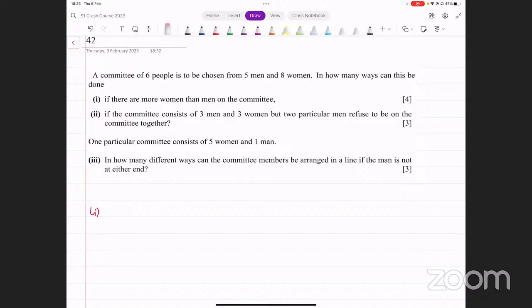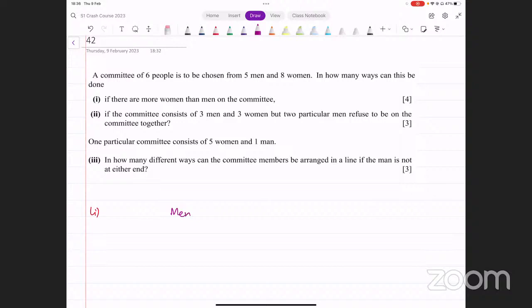So this is combination. Now we've got 5 men and 8 women, that's 13 people in total. And out of them, six have to be chosen. And there's a condition. That condition is that there need to be more women than men on the committee. Now, we have to think about the different possibilities we could have in this case.